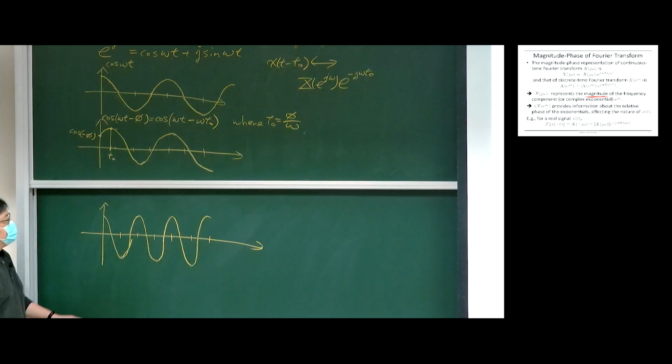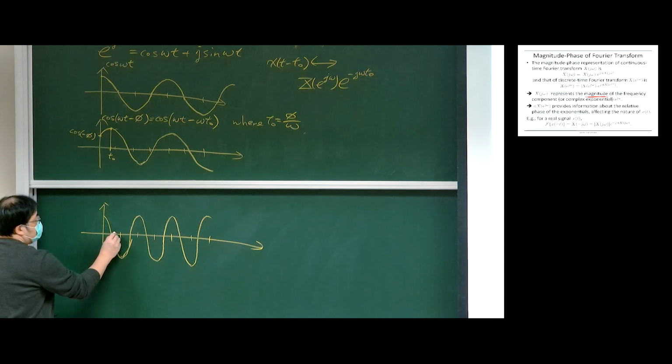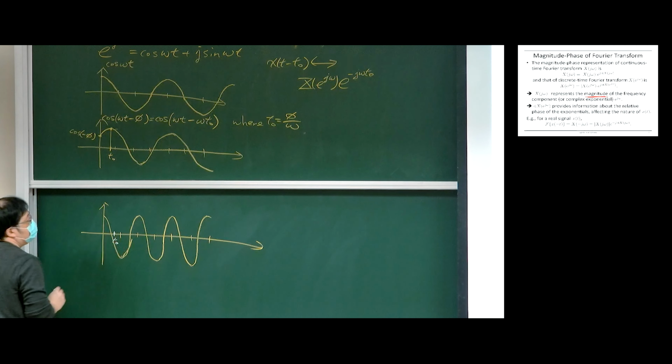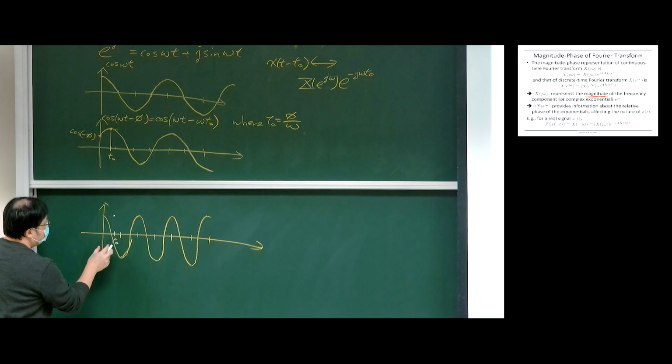This is of higher frequency than the other one. And suppose you delay this signal by the same amount t naught. So t naught is here, and you move this peak to this point.